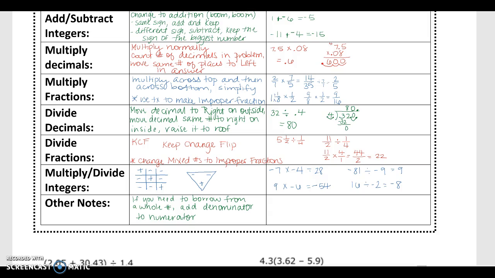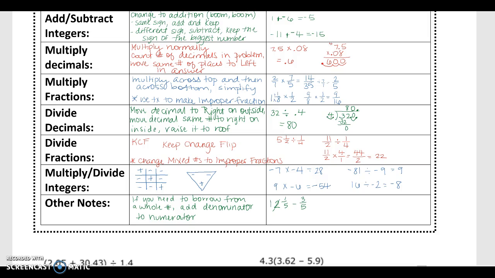Okay, so let's say, for example, you have 2 1/5 minus 3/5. In this situation, I can't do 1 minus 3, and I don't want my answer to be negative because I have this whole number right here. So what I'm going to do is take 1 from the whole number.